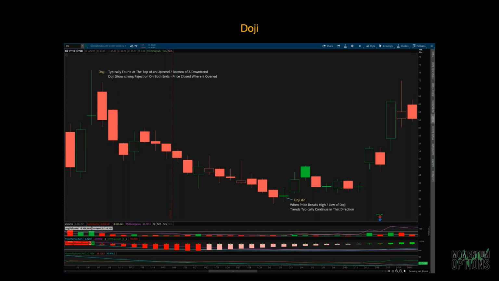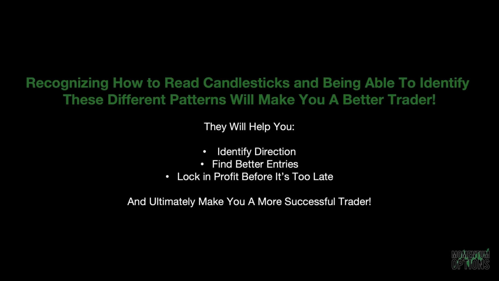So these patterns are simply designed to help us identify profitable trading opportunities and help us know where the market is going, where we should be getting in, and where we should be locking profit before it's too late. Recognizing how to read candlesticks and all these different types of patterns is going to make you a better trader.